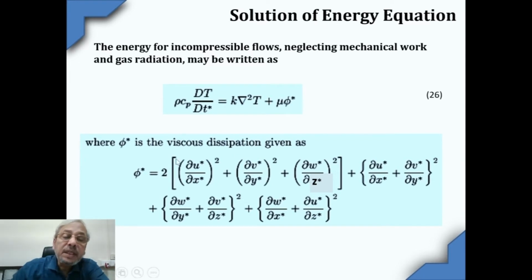So you can see that U starred, V starred, W starred, or X starred, Y starred, Z starred, all these starred terms here we are using for dimensional quantities. Similarly, T star is dimensional time and uppercase T is dimensional temperature.